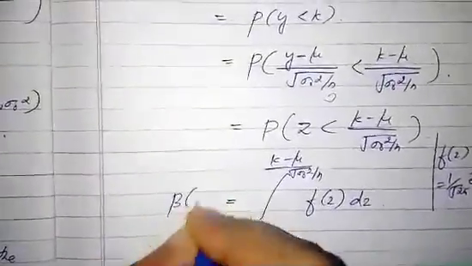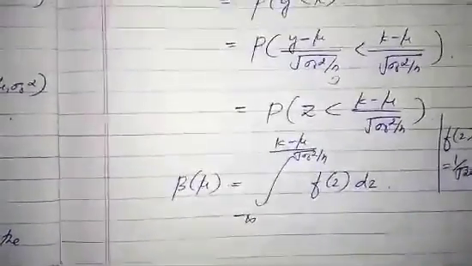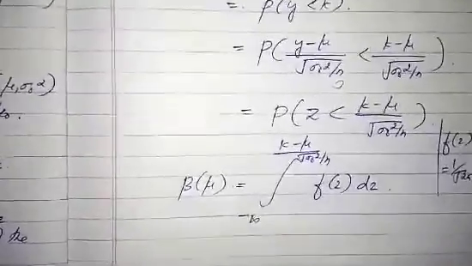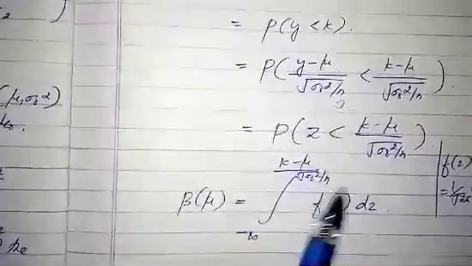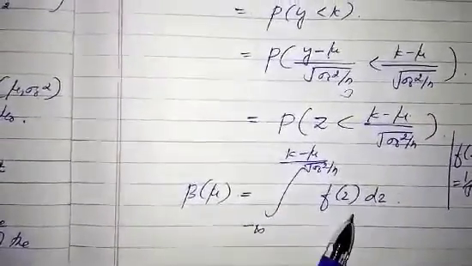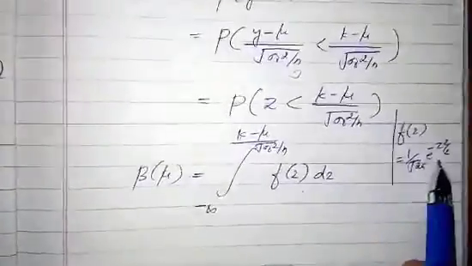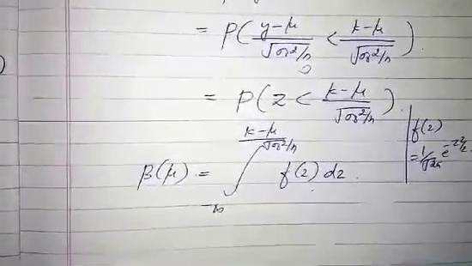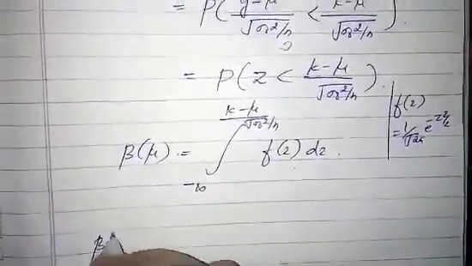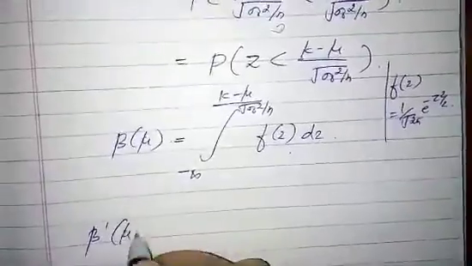So we have to differentiate the beta of mu term. For that we can use Leibniz rule, because the limits are depending on the parameter and f of z is not depending on the parameters. So using Leibniz rule, what is beta dash of mu?